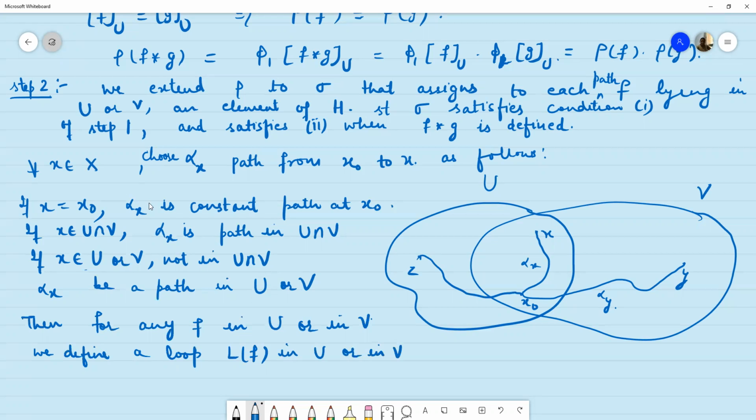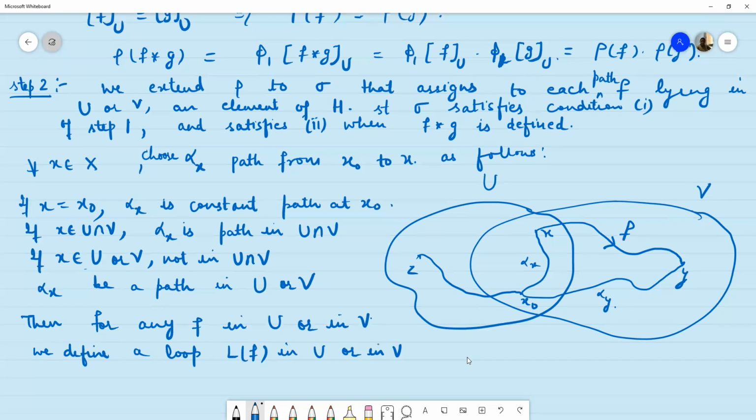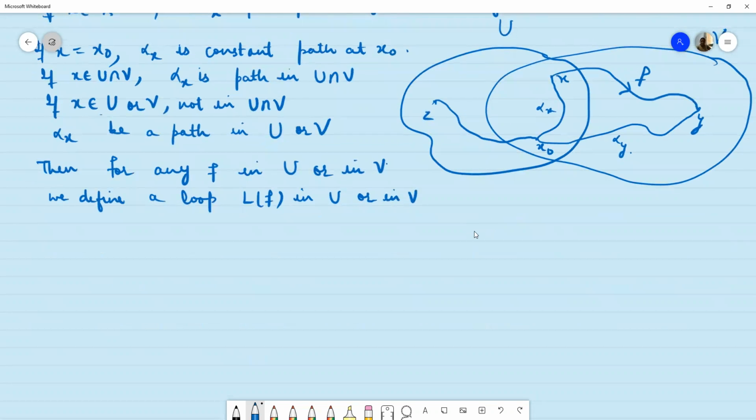So let us say that f is a path from any point x to point y. Suppose this is our path f from x to y. Then we want to define a loop which is based at x0, so that we can extend the mapping rho, because rho is defined on loops based at x0. So for this path f, how do we define a loop based at x0?